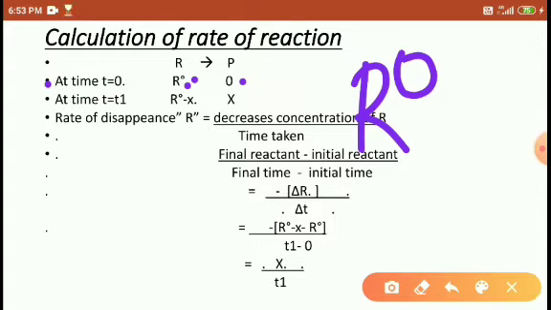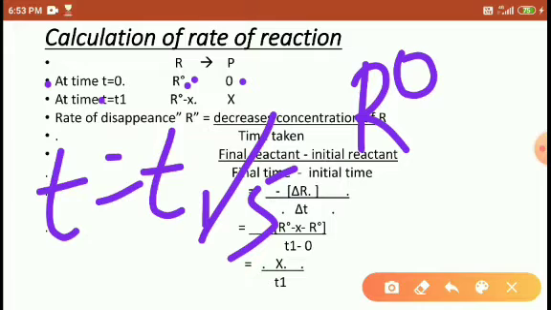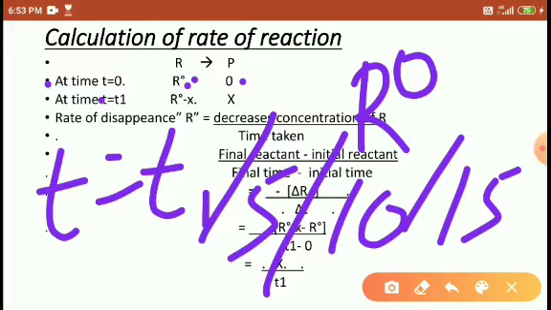Right students? At the time t minutes, meaning t1 minutes, t1 minutes might be 5 minutes or 5 seconds, 10 minutes or 10 seconds, or 15 minutes or 15 seconds, whatever you take.